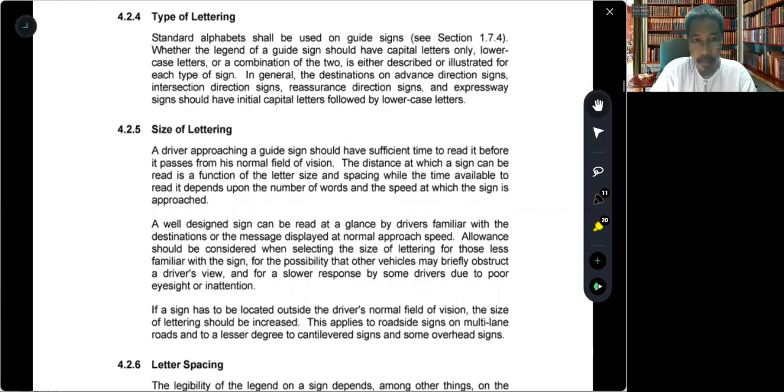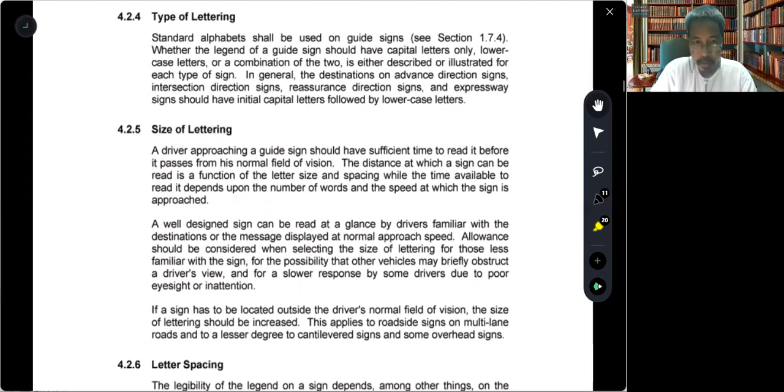Size of lettering: a driver approaching a guide sign should have sufficient time to read it before it passes from his normal field of vision. The distance at which a sign can be read is a function of letter size and spacing, while the time available to read it depends upon the number of words and the speed at which the sign is approached. Okay.